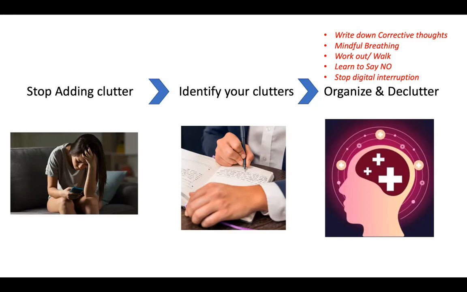Next thing is learn to say no. What does that mean? It means if you want to organize yourself and get yourself decluttered, you have to learn how to say no to people who may not be a part of your mission, your dream.